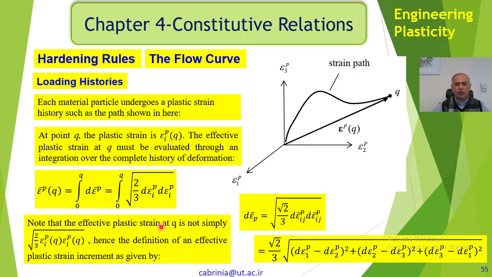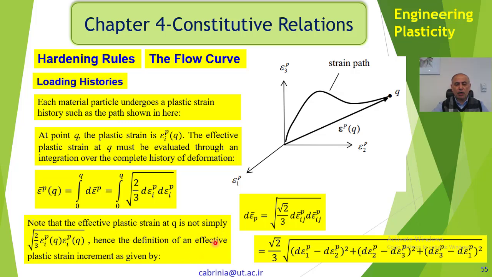Note that the effective plastic strain at Q, this is very important, is not simply epsilon ijPQ. In other words, if you just put this value into these relationships, you don't get the total plastic strain or the effective strain.